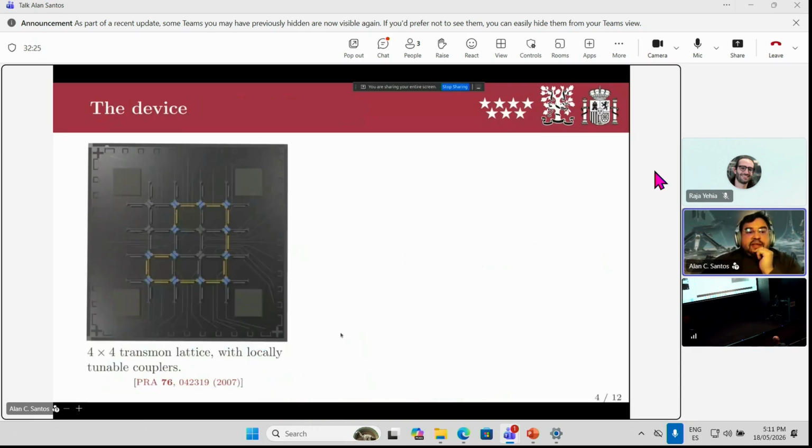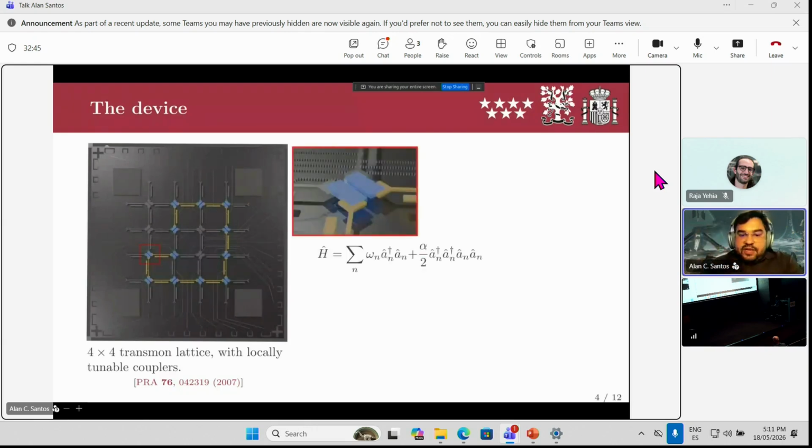Okay, so to address this problem, we used one of the most promising platforms to create some exotic or complicated interactions. Okay, superconducting qubits are still one of the best platforms. Basically what we have are transmon qubits.